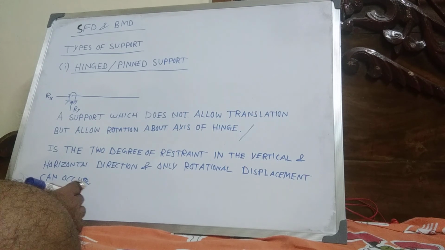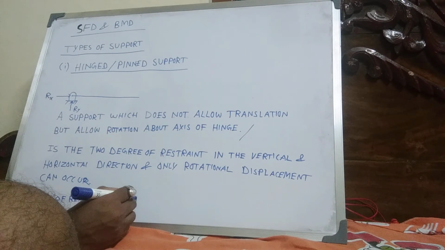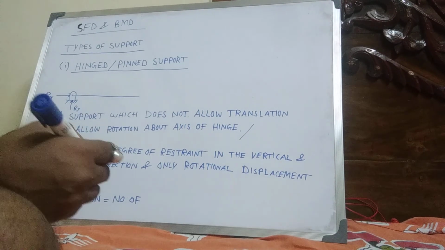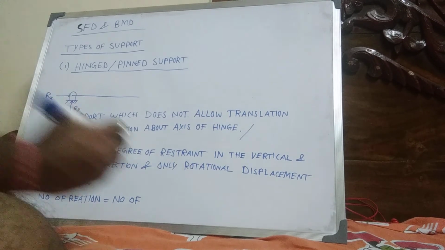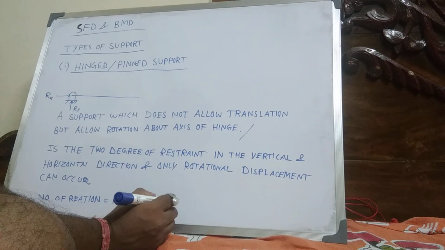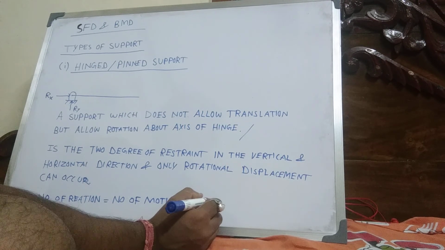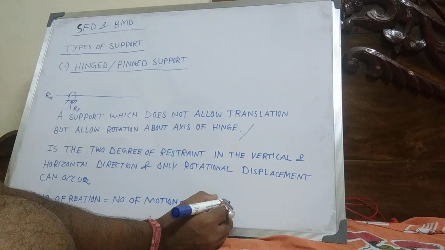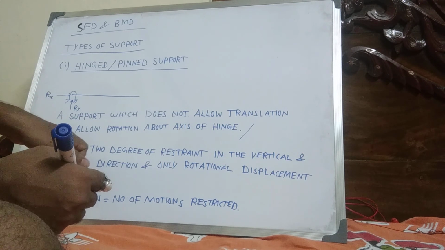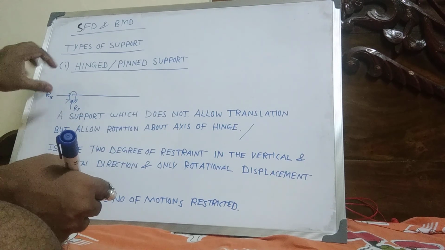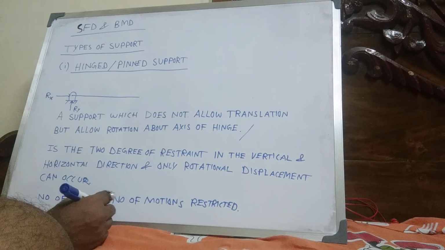Number of reactions equals number of motions restricted. Here two, so you can say 2 degrees of restraint, meaning there are two reactions and two motions restricted, equal to 2.